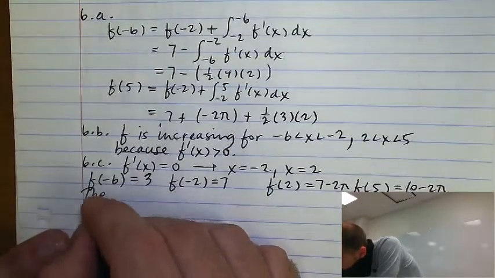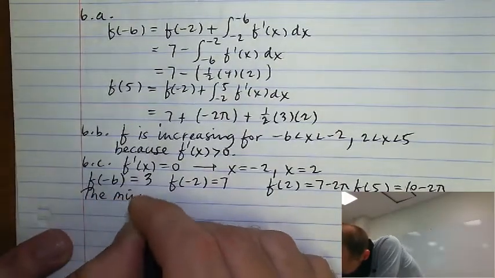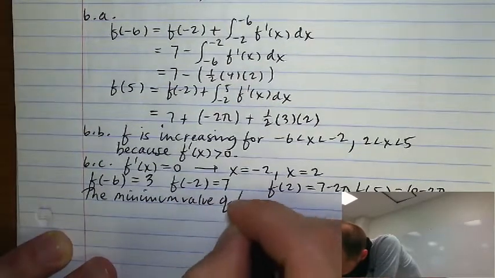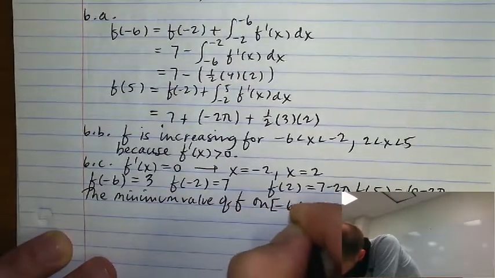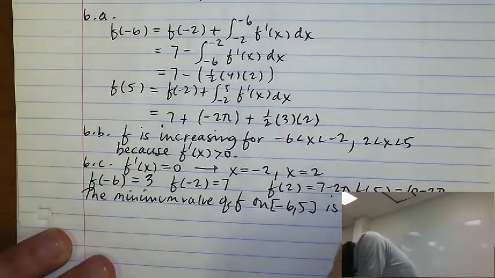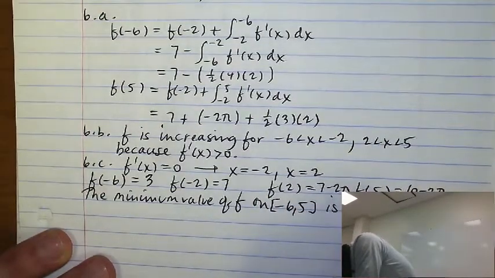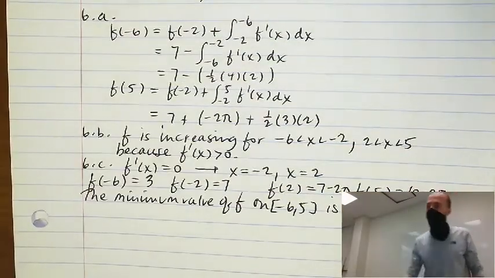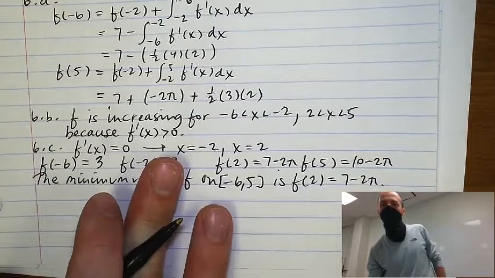So the minimum value of f on the interval -6 to 5 is f of 2 equals 7 minus 2 pi. And you can't see that because of my face being in the way, but there you go.